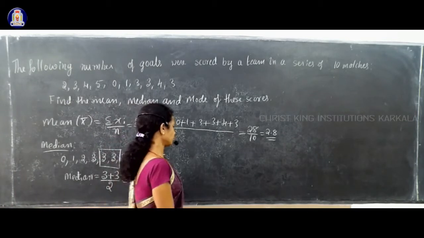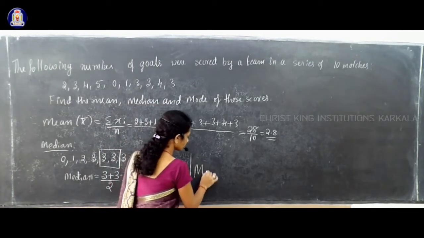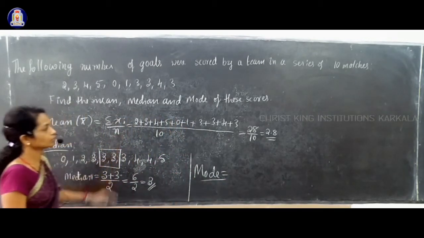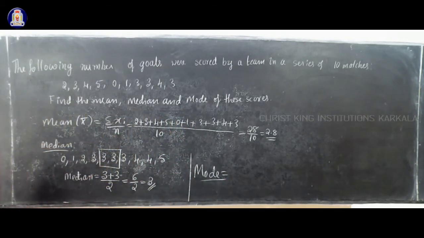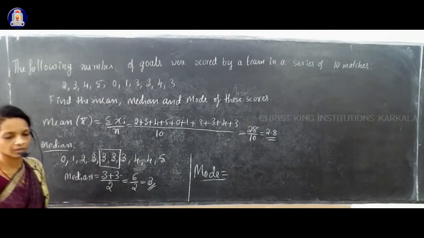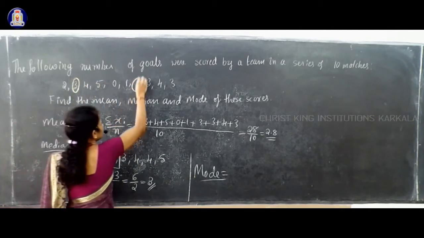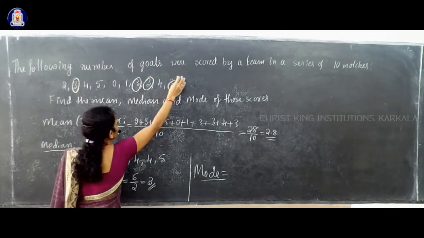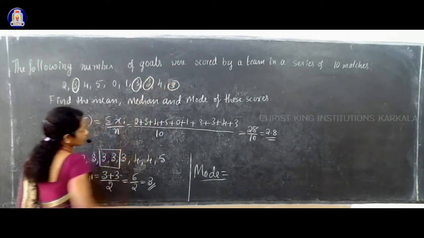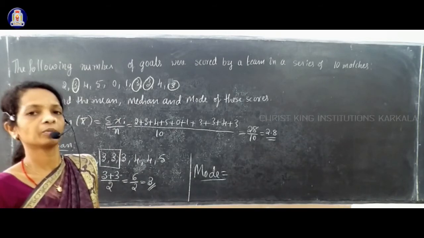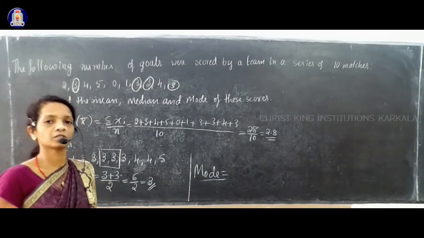Next, mode. What is the mode? To find the mode, you have to see which observation appeared the maximum number of times. Here clearly you can see how many times 3 appeared: 1, 2, 3, 4. Only 3 appeared 4 times. Other data appeared fewer times than that. So what is the mode?